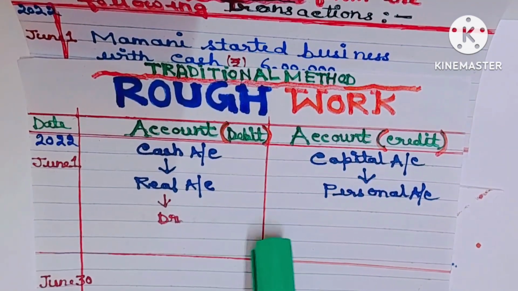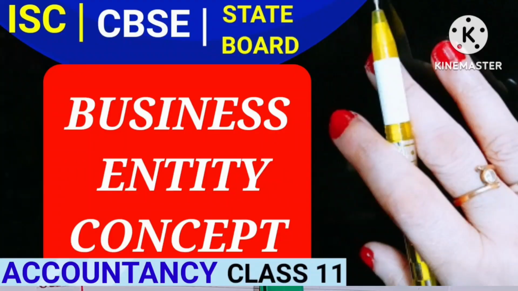By the way, I have made a very special video on business entity concept where I have discussed and explained in detail about business entity concept with examples, its importance, its limitations and its implications. So if you are interested, please check out this video which I have made especially for you people.